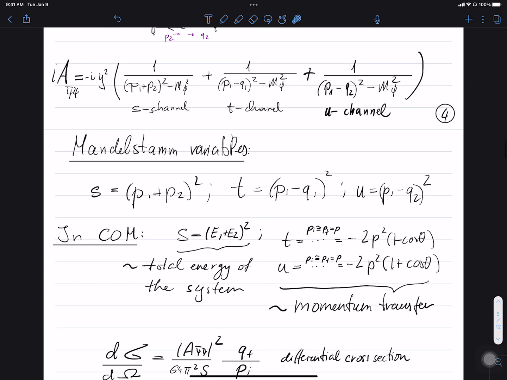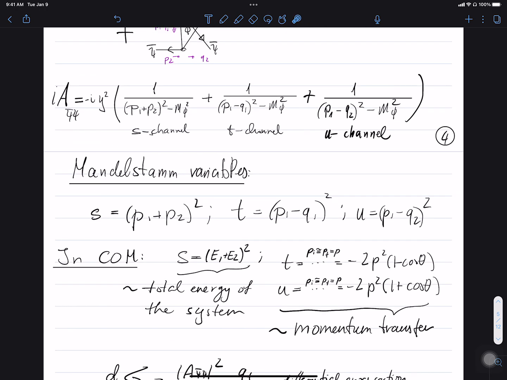Now I just want to introduce the so-called Mandelstam variables, and this is the reason why those channels carry the names S, T, and U, or vice versa, who knows. The physicist Mandelstam introduced them and used them quite extensively, and they're quite useful for abbreviating momentum combinations in amplitudes.